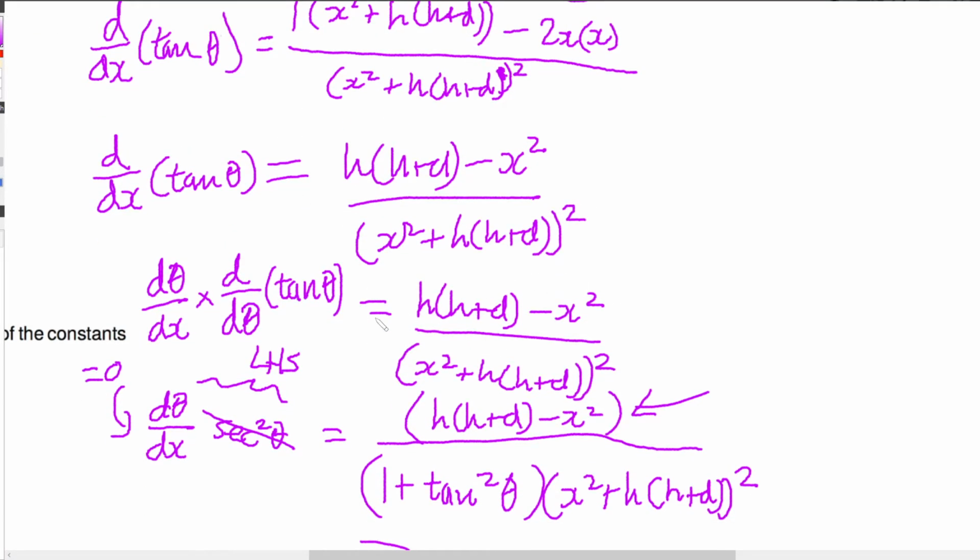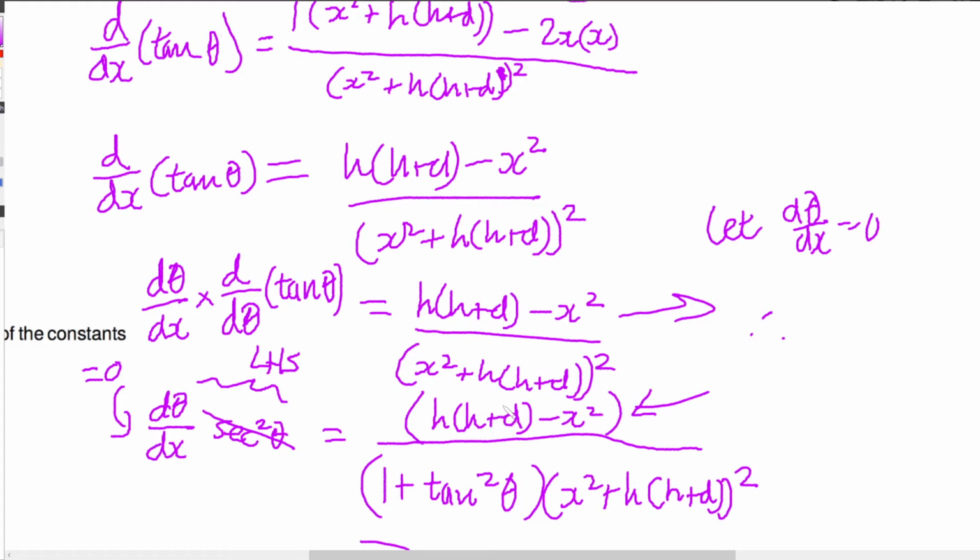But anyways, now that we know that if we let d theta by dx be equal to 0, then this fraction is equal to 0, or rather, the numerator is equal to 0, because for all real x creating real denominators, the denominator can never be 0. As x squared is always 0 or greater, and h times h plus d is always greater than 0.